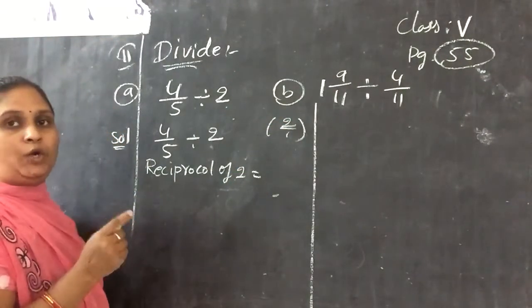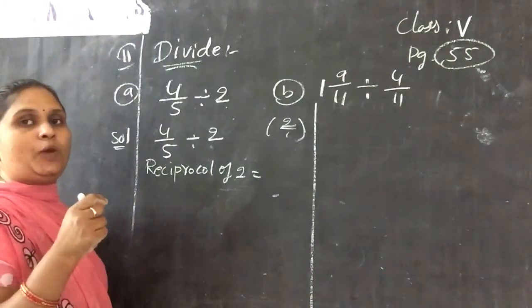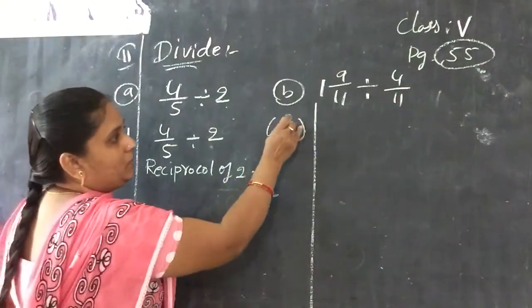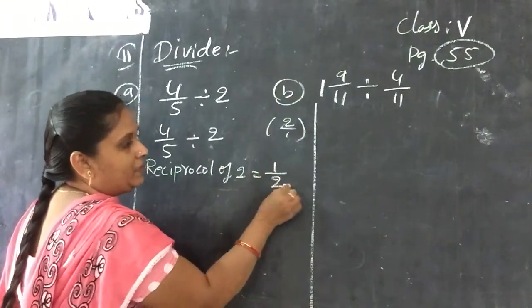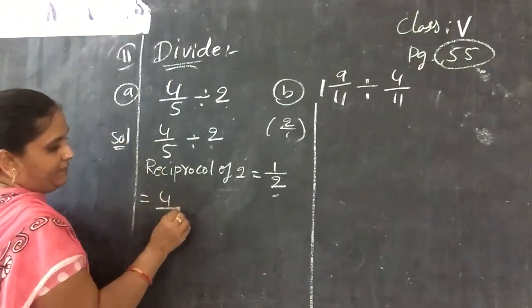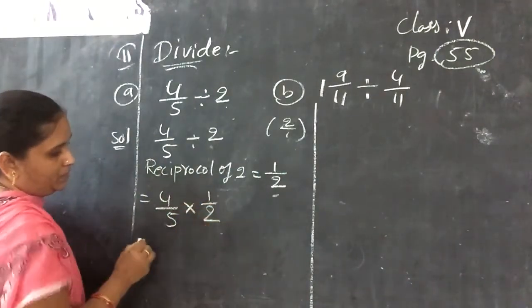The whole number becomes the numerator and we assume the denominator is 1. Now make it into reverse order, then it will become 1 by 2.